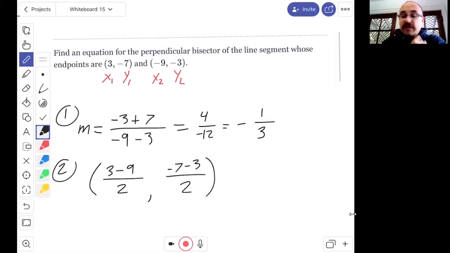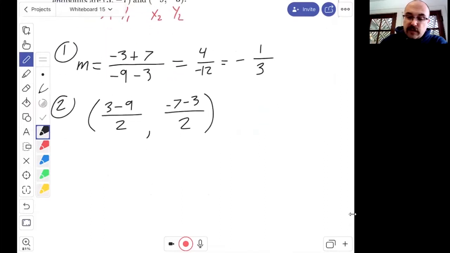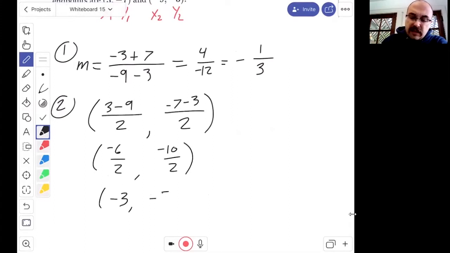Both of those end up being subtracting because we're adding a negative value, which is the same thing as subtraction. So let's simplify this. I'll start with the x first. 3 minus 9 is -6. Divide -6 by 2, you get -3. Over here, -7 minus 3 is -10. Take -10, divide by 2, you get -5. So there we go. We finished step two.